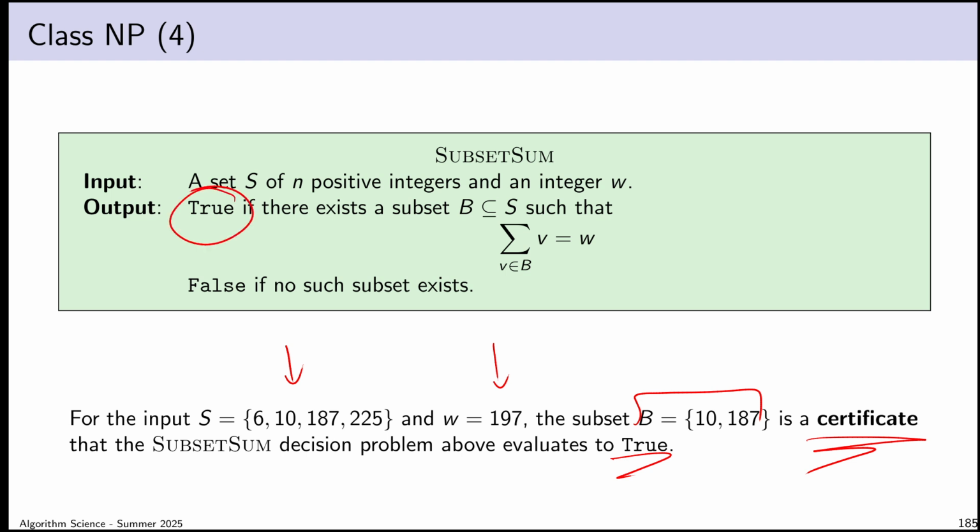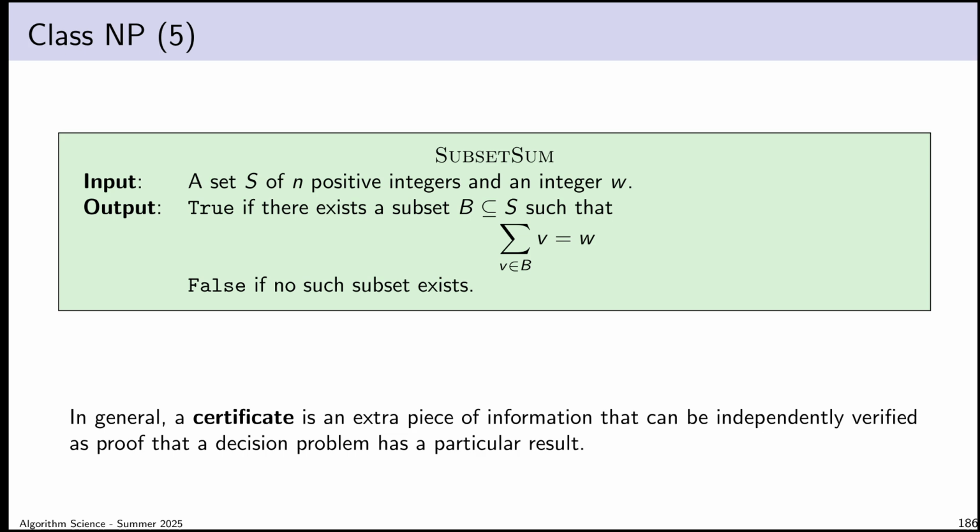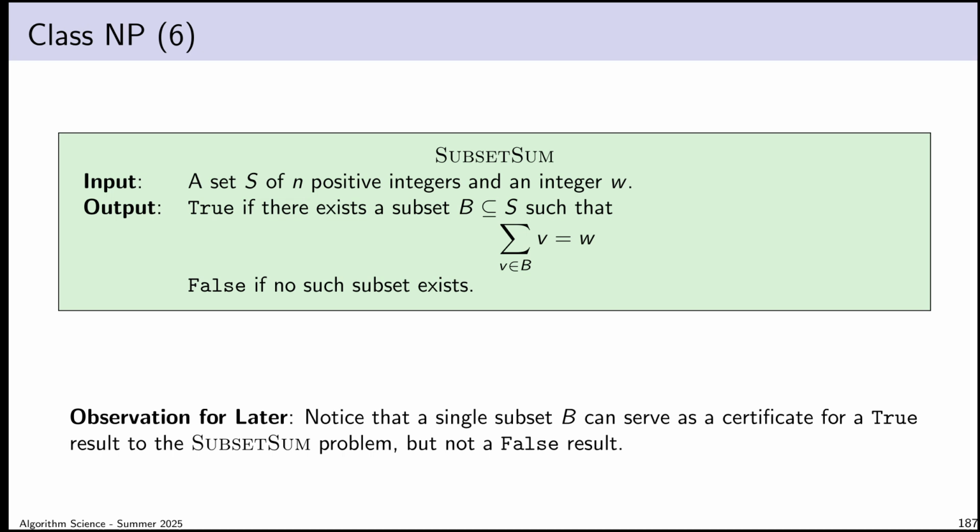I'm not going to talk about what it means to be a certificate if the answer is no. That's not relevant to this discussion, although in a complexity course you will have a very similar discussion that has to do with certificates of the case where the answer is no. Okay, so in general, a certificate is an extra piece of information that some independent verifier can use to easily verify that a decision problem has a particular result if the result is yes.